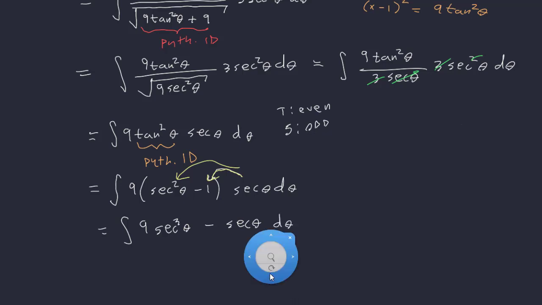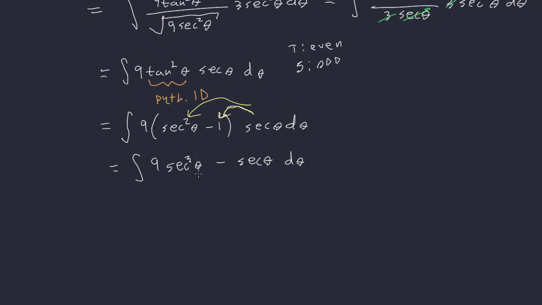Okay, and we've done this one a couple of times now, the secant cubed and secant. So based on some of our previous work, I feel like I've done it enough times now to almost just know that the reduction formula for secant cubed is secant theta tangent theta over 2 plus 1/2 times the integral of secant theta d theta.